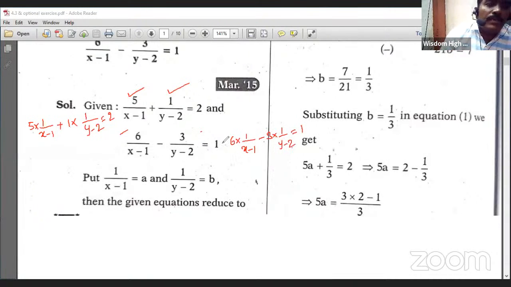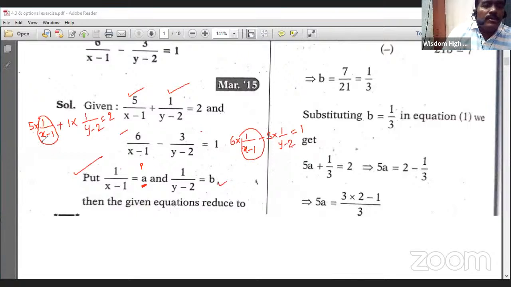In both equations, what is common? Here 1 by x minus 1 is common, and here 1 by y minus 2 is common. Here you have to put 1 by x minus 1 equal to a, or p, or any variable. Instead of 1 by y minus 2, you have to take b or q, anyone.